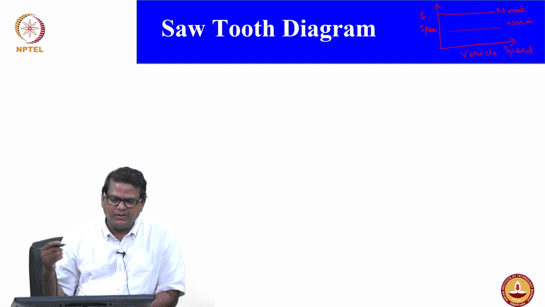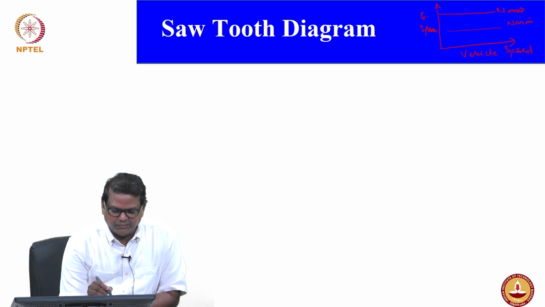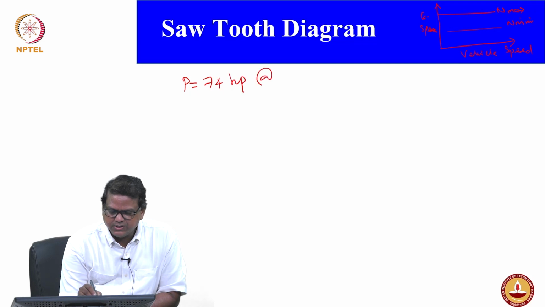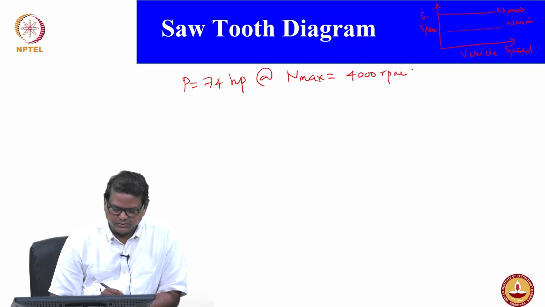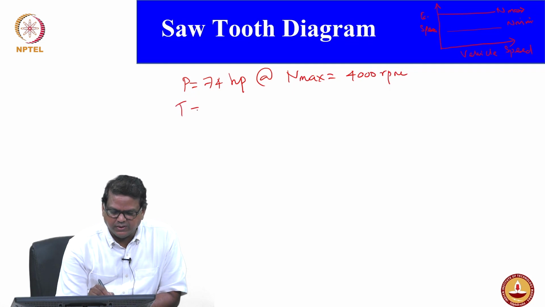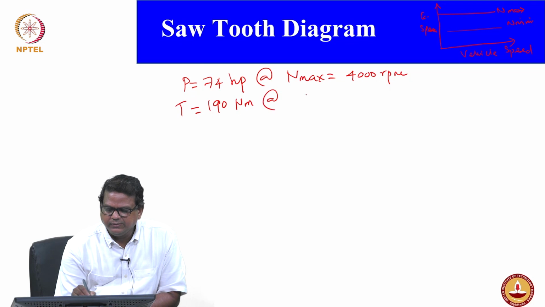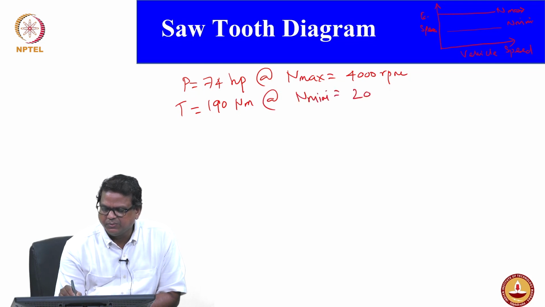Prior to going to the sawtooth diagram, we know the power is given as 74 HP at N max, 4000 RPM. Then the maximum torque is 190 Newton meter at N minimum, which is 2000 RPM.